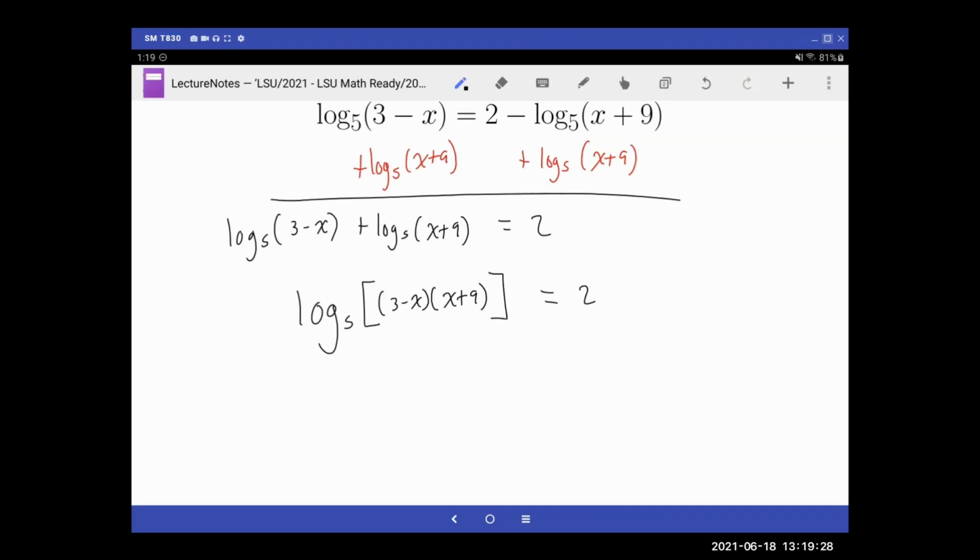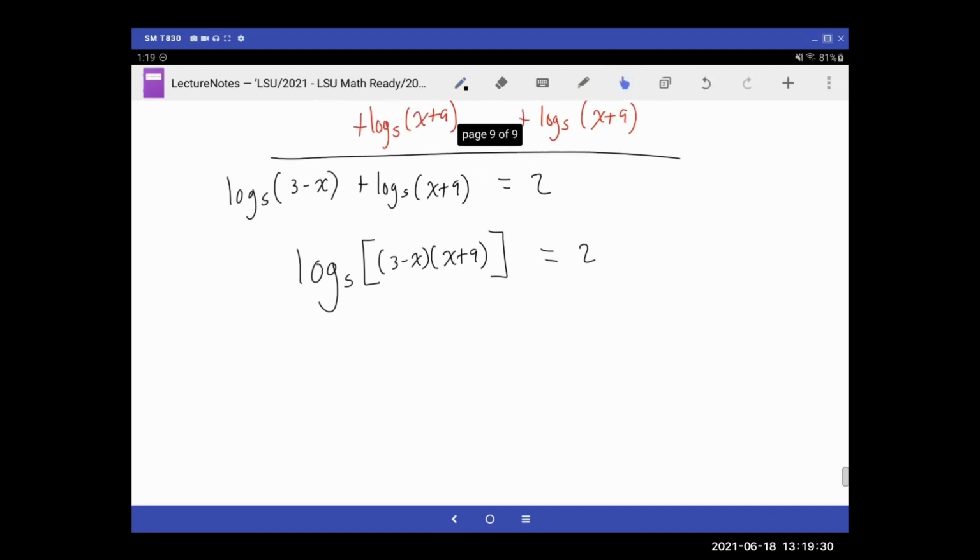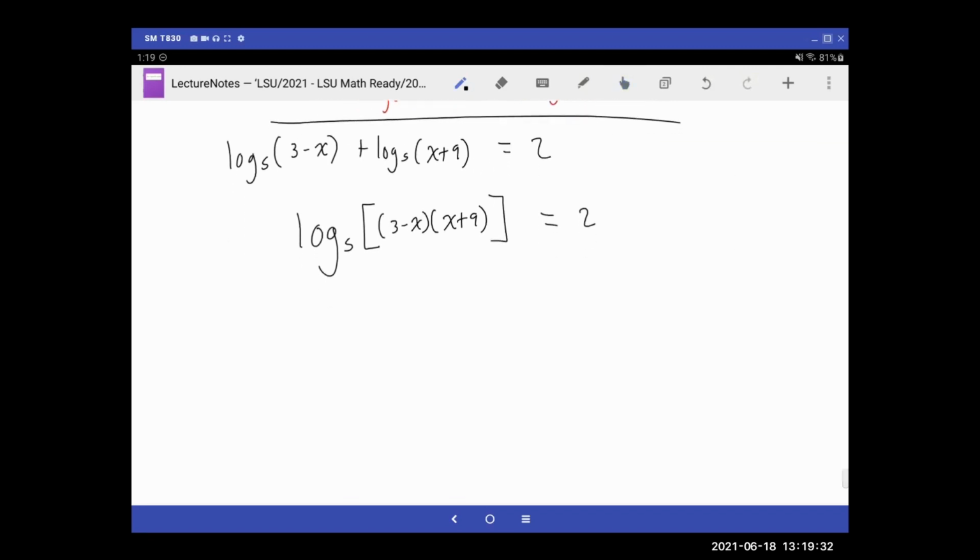Okay, well, let me go ahead and get rid of the logarithm. I will make what we have, the exponent. Okay, that's a pretty complicated exponent, but there's that exponent.